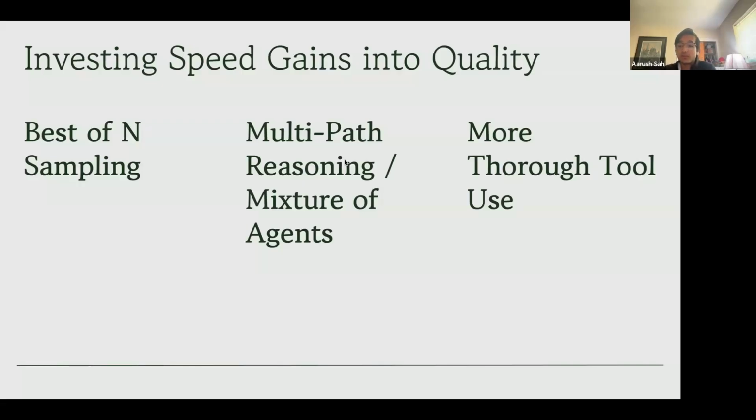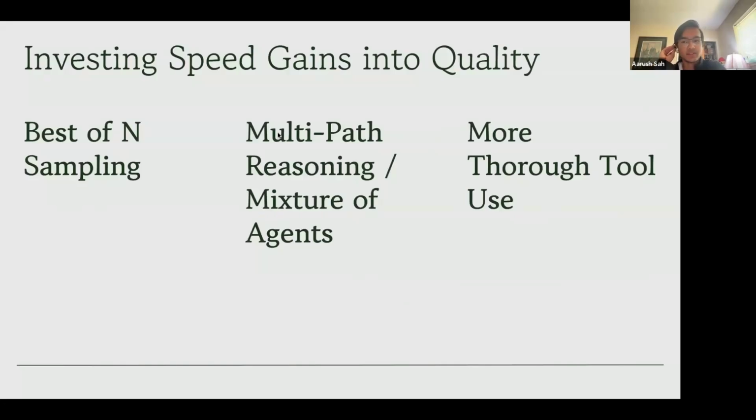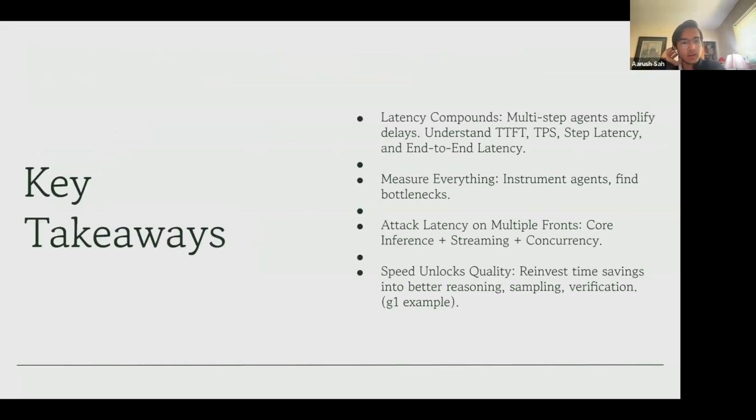This catches many failure modes, but requires 2 to 3 times the amount of inference. You can do verification loops where after the agent generates a plan, you have it critique its own plan and then revise. But yeah, so those are the four methods: faster core inference, streaming intermediate steps, parallelism, and then investing your speed gains into quality.